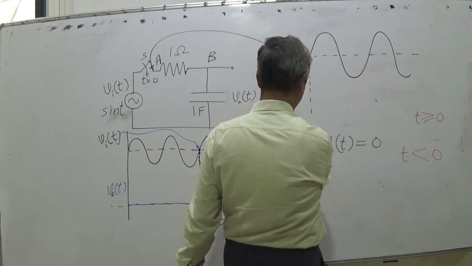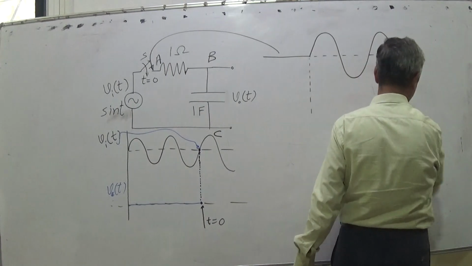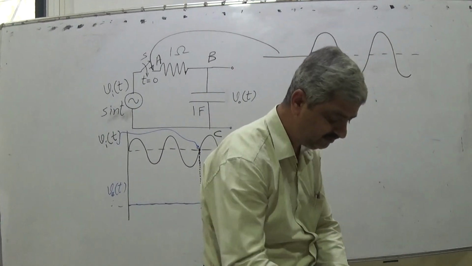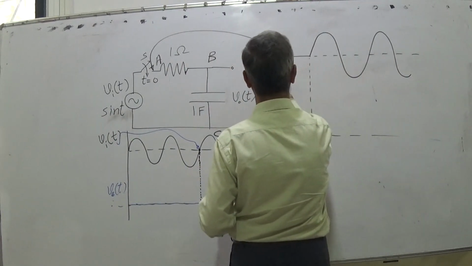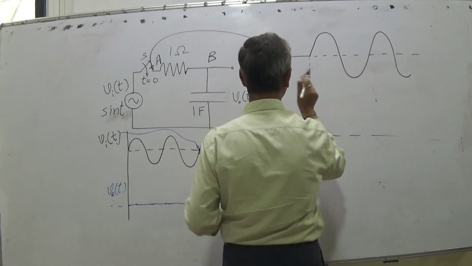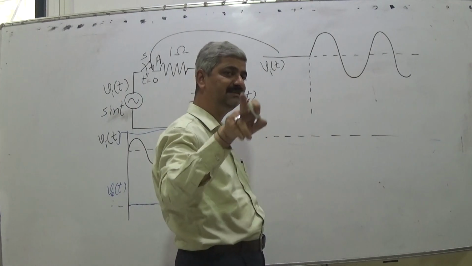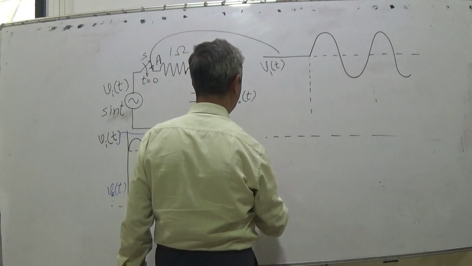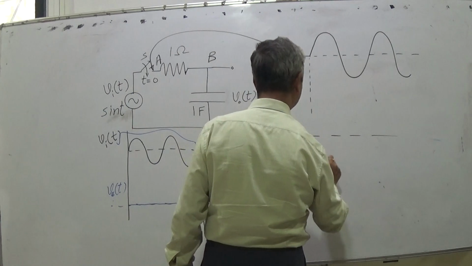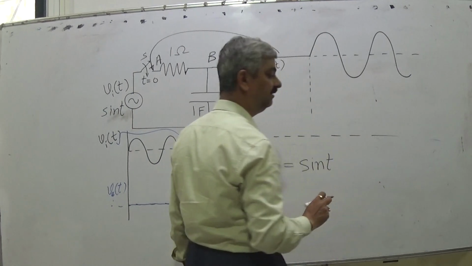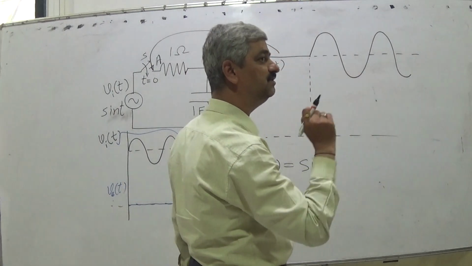Now see, just solving the differential equation will not give you a direct solution. Now very interesting, what is the output? If I want to plot the output, this is Vin(t). So Vin(t) is not sin t. Vin(t) is sin t after t equal to 0, and before t equal to 0 it is 0.